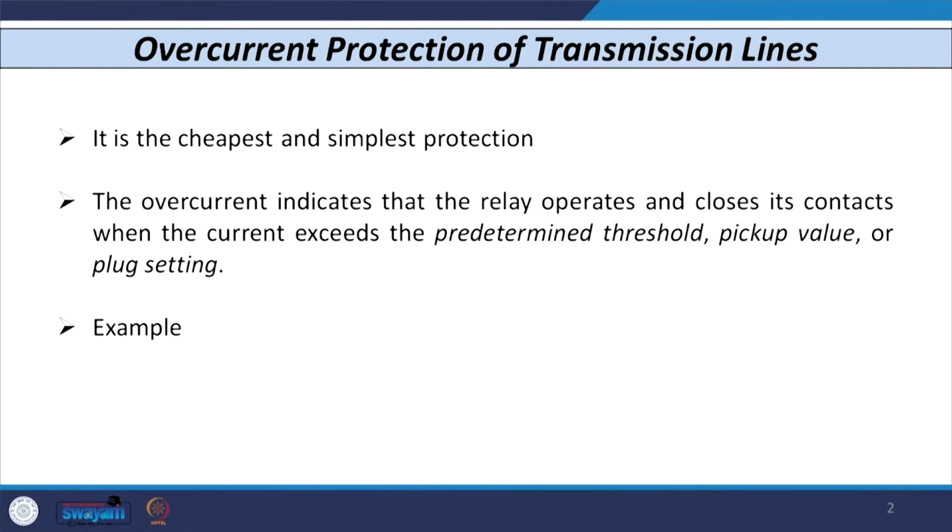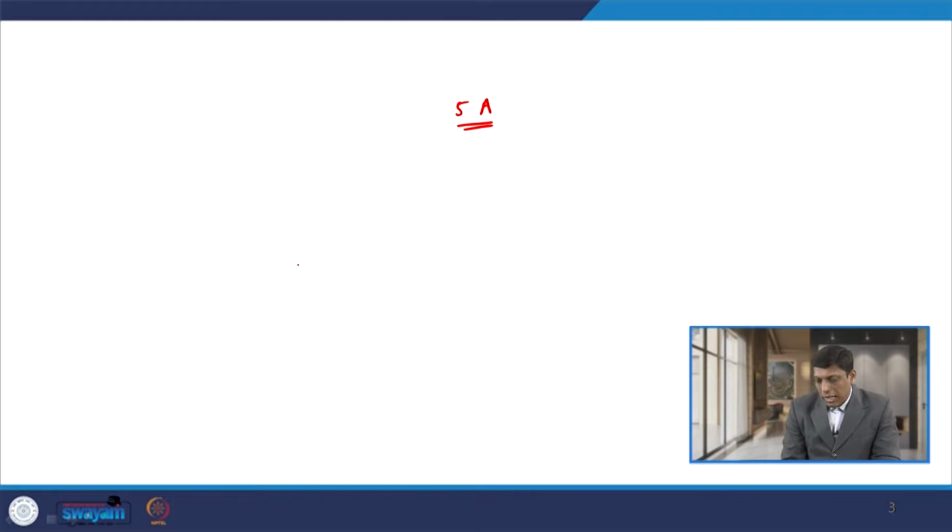For example, if the current is, let us say, 5 ampere, and if the current exceeds 5 ampere, then the relay operates. So this 5 ampere is known as the pickup value or plug setting.